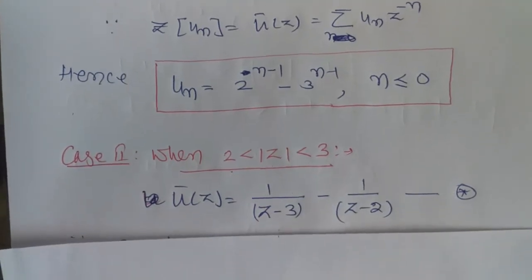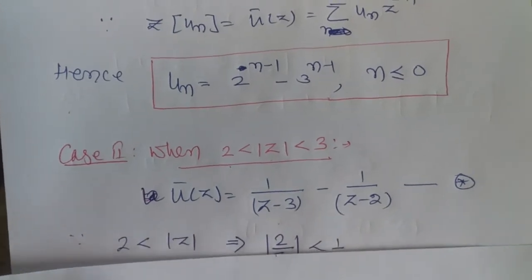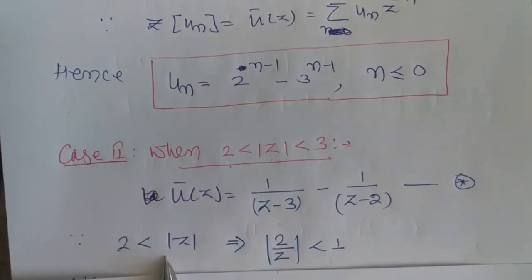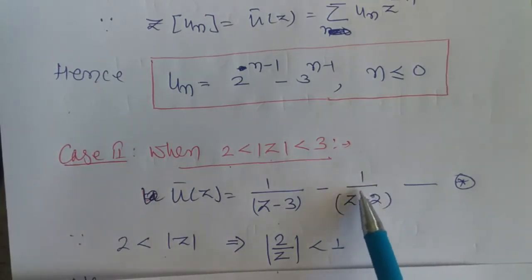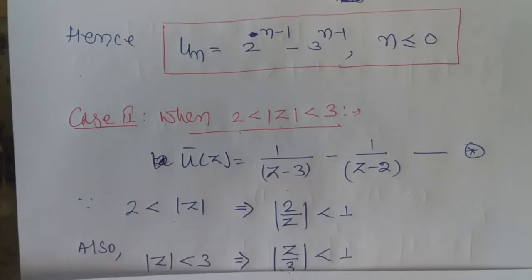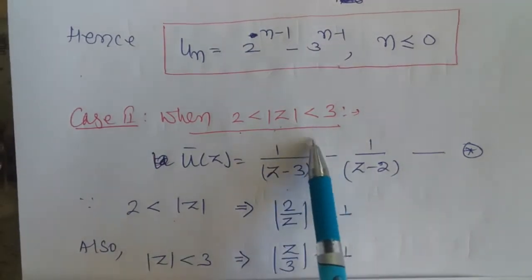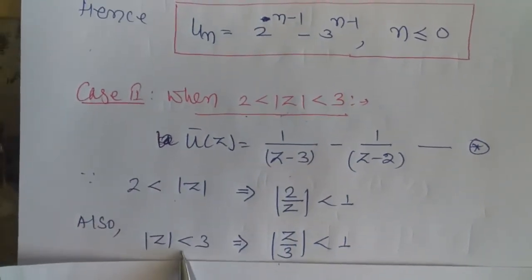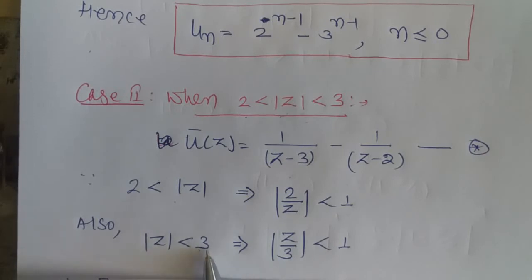Now the region of convergence suggests that 2 is less than mod z, which implies mod 2 by z is less than 1. Therefore, this expression we expand in terms of 2 by z. Further, mod z is less than 3, which implies mod z by 3 is less than 1.